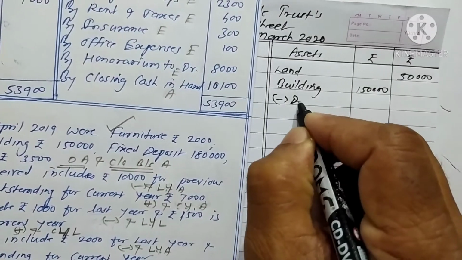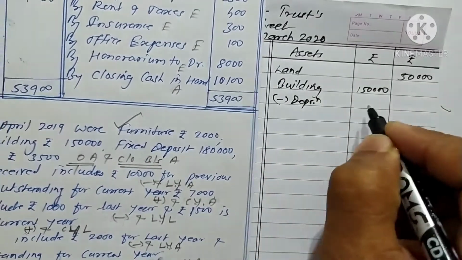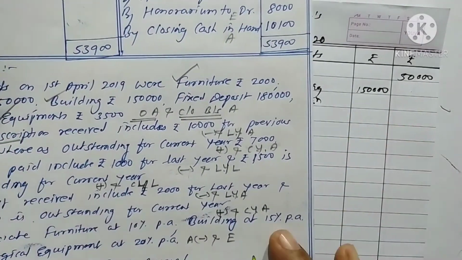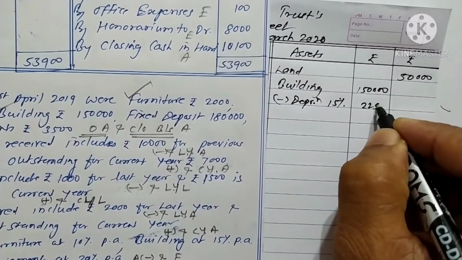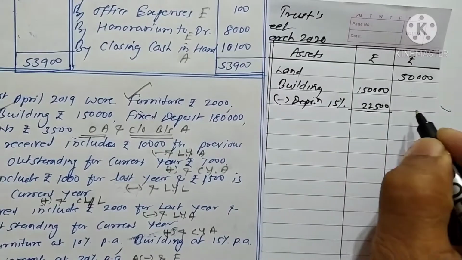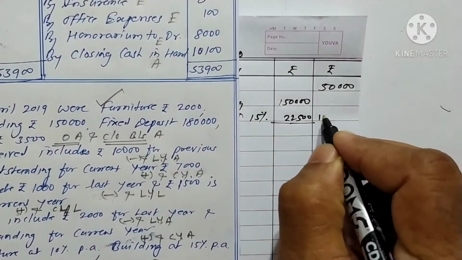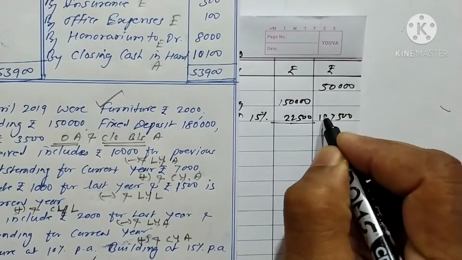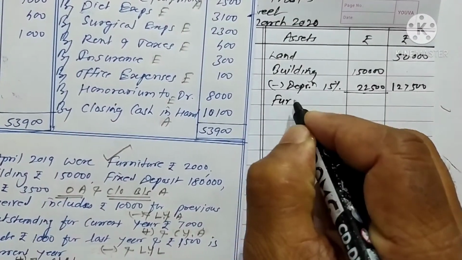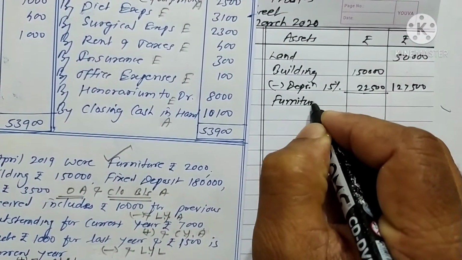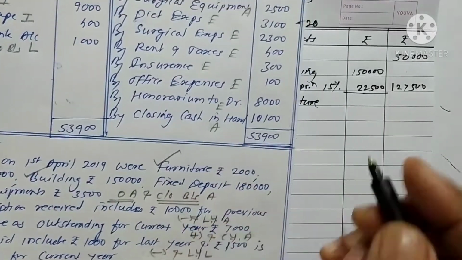Less depreciation at 15%, 22,500. Answer comes 1,27,500. Next is furniture. Opening furniture rupees 2,000.